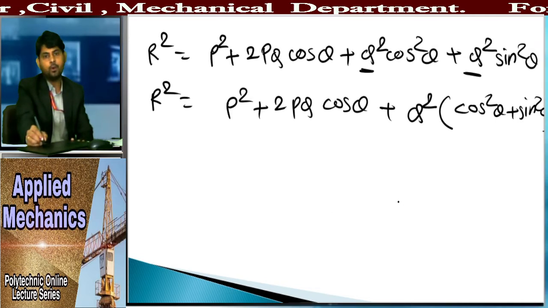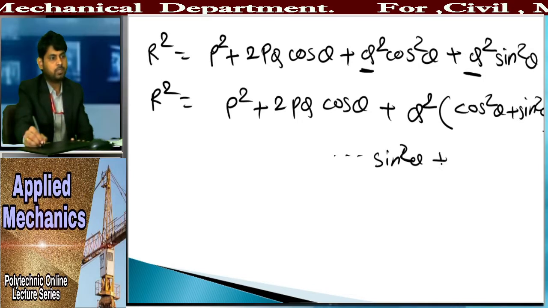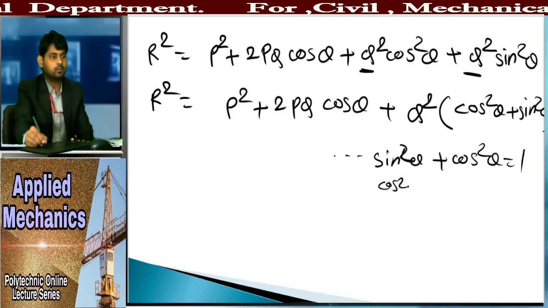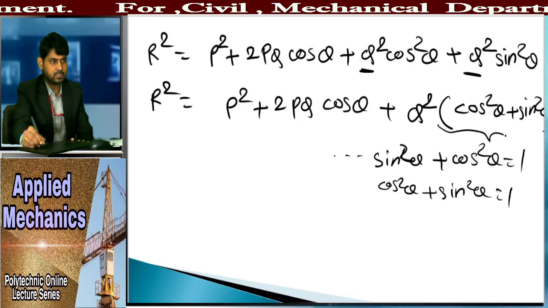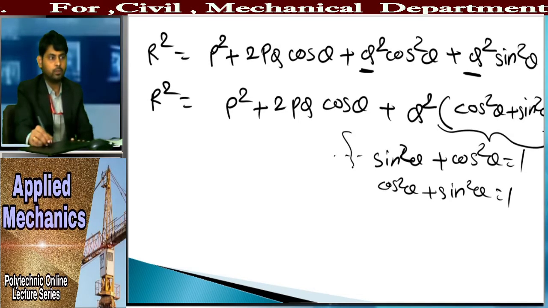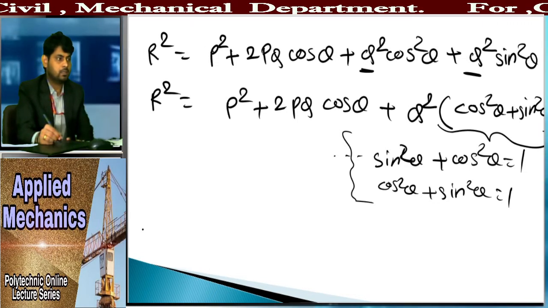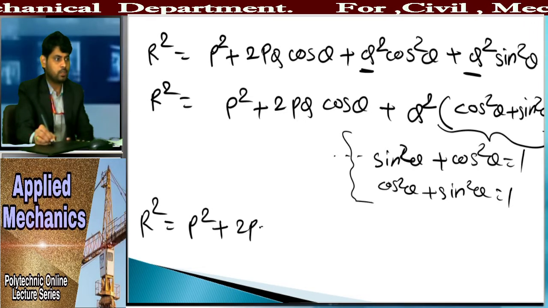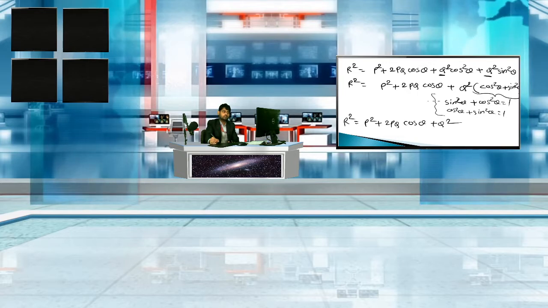We know from trigonometry that sin square theta plus cos square theta is nothing but 1. So R square is equal to P square plus 2PQ cos theta plus Q square.